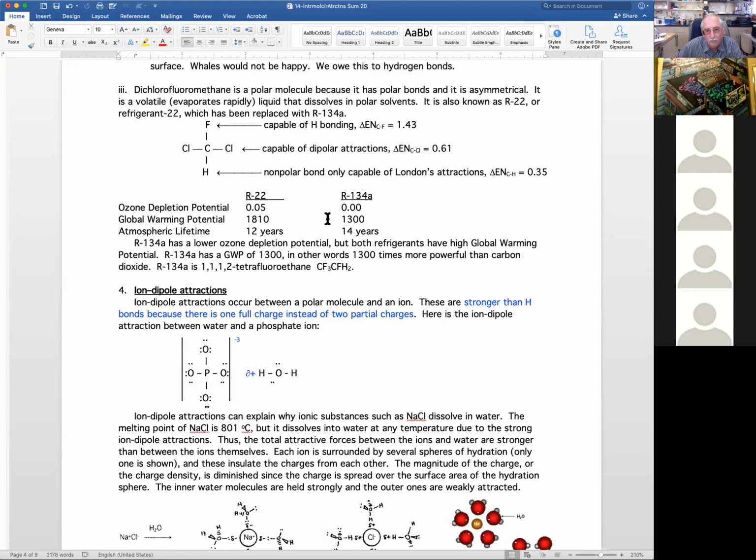And what does the global warming potential of 1300 mean? That means it's 1300 times more powerful than carbon dioxide. So do we want these things getting loose into our environment? The answer is no. But you, as a human, are you going to let anybody take away your air conditioning? Doubt it.